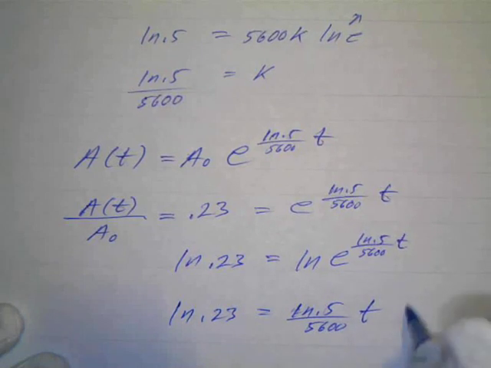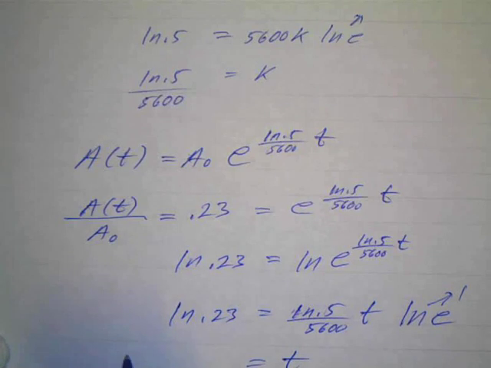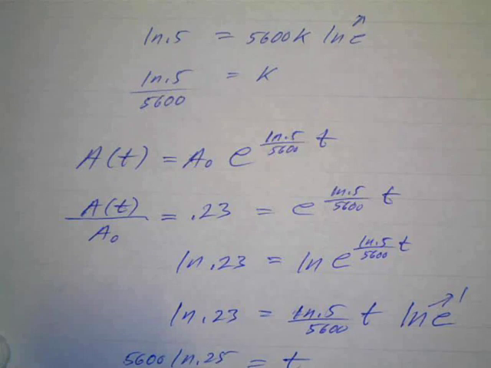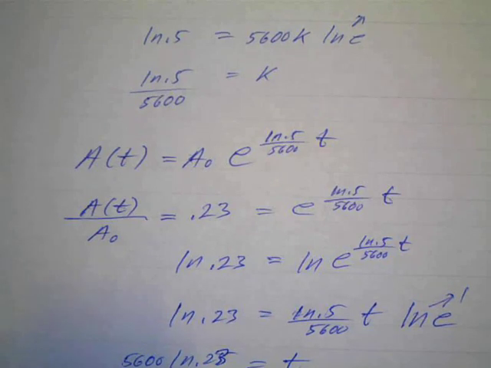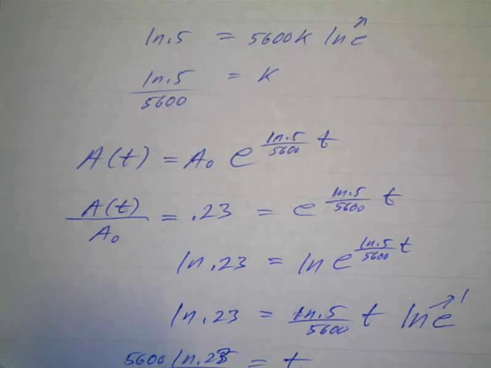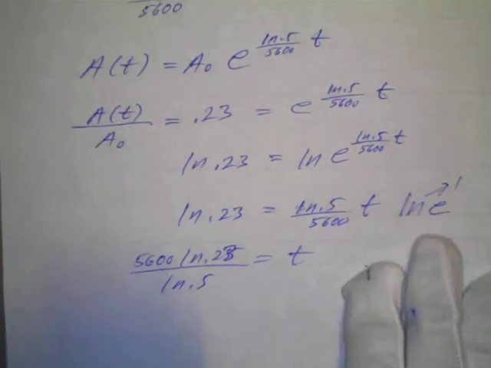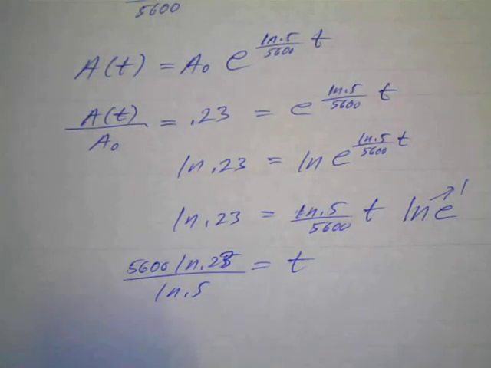That whole thing goes in front of the natural log of e, but the natural log of e is 1. So in order to solve for my time, I just multiply both sides by 5600, times the natural log of 0.23, and divide by the natural log of 0.5. Let me move this up so you can see that.